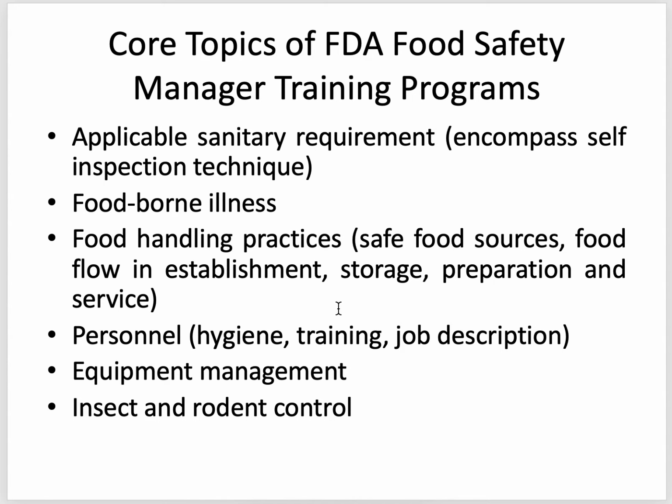Then food handling practices: how to handle food so that we can avoid contamination, like safe food sources, food flow in the establishment, storage, preparation, and service, and how to handle the different processes of the food manufacturing plant.